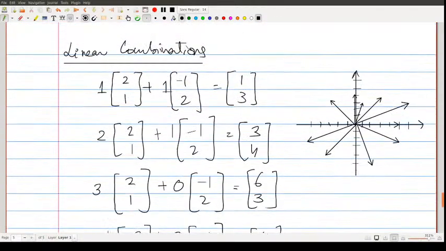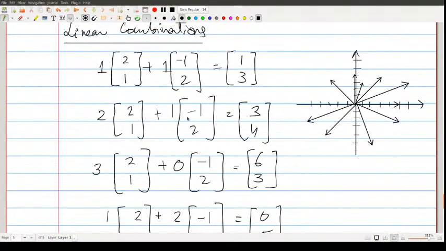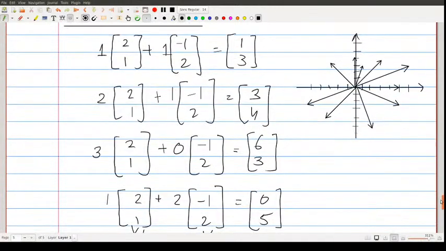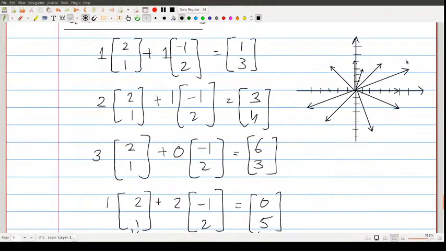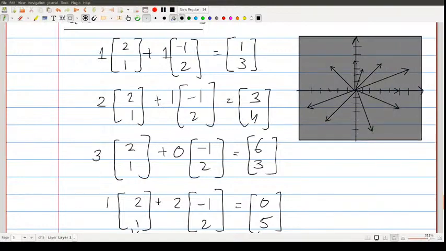We're trying to see which vectors I can get, and it seems like all of these vectors are in the column space. I'm going to make a bold assertion here: it seems like the column space is going to be this entire two-dimensional space. There's nothing stopping me from reaching this entire space.